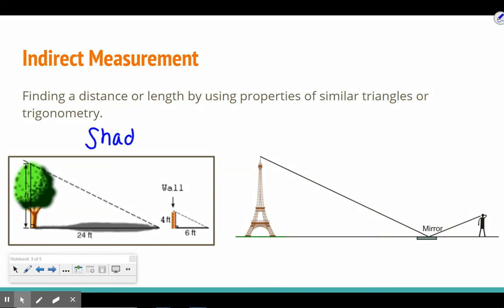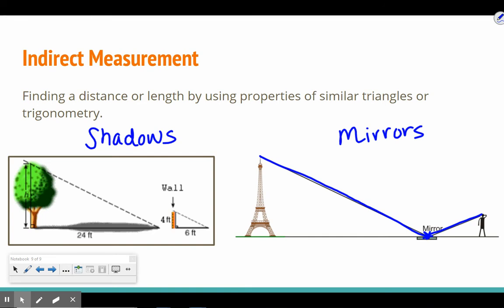We can use shadows, and we can also use mirrors to help us. Let's say I'm at the Eiffel Tower here as shown, and I want to get a good measurement. I put a mirror on the ground somewhere between me and the Eiffel Tower, and the goal is that when I look into the mirror, I see the top of the Eiffel Tower in that mirror. So those two sides would be proportionate.